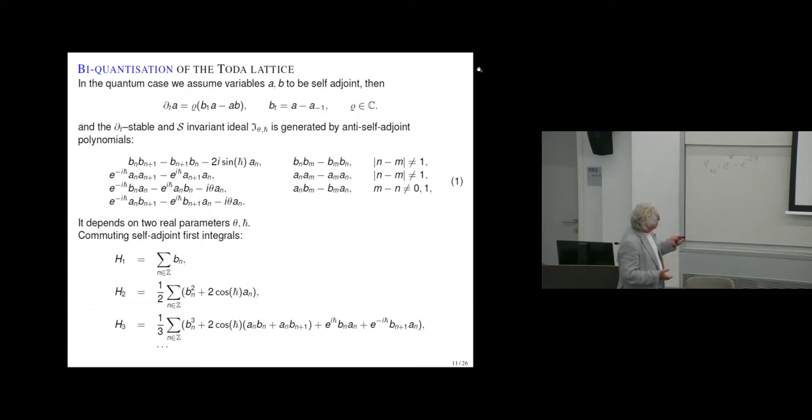So elements D and A commute if they are far from each other, and if they are close to each other, they commute according to these rules. Then you can check that these guys are exactly the first integrals of the quantum system. And if h is 0 and theta is 0, then they should be classical.